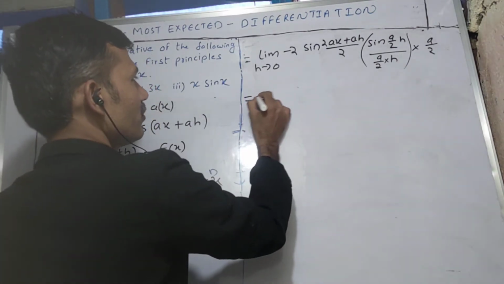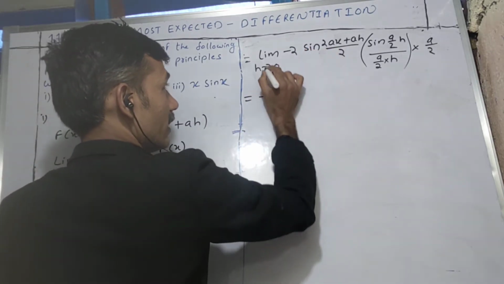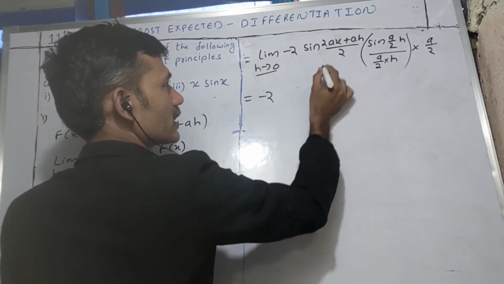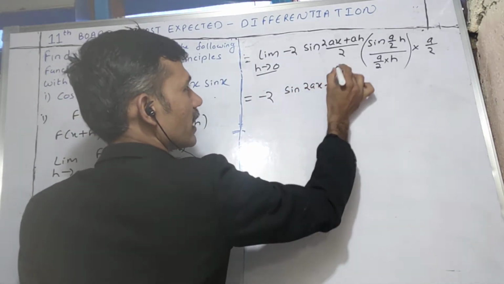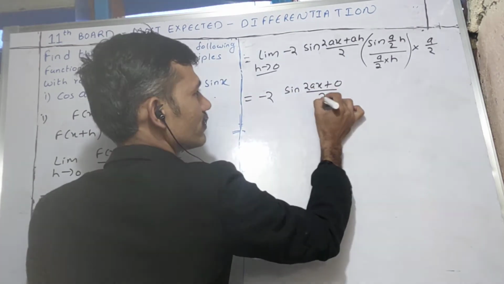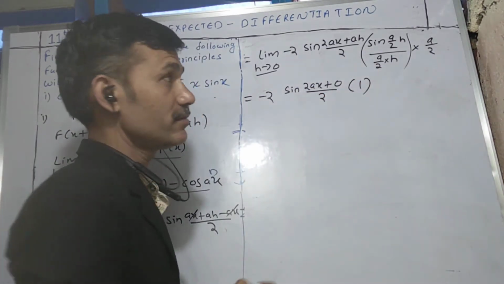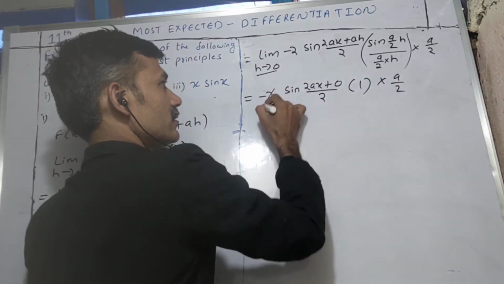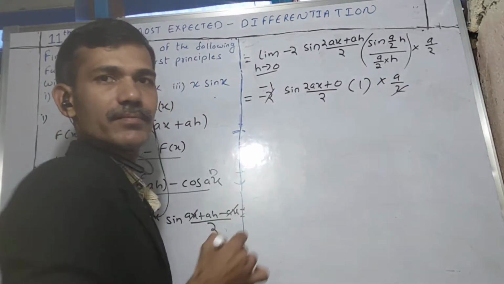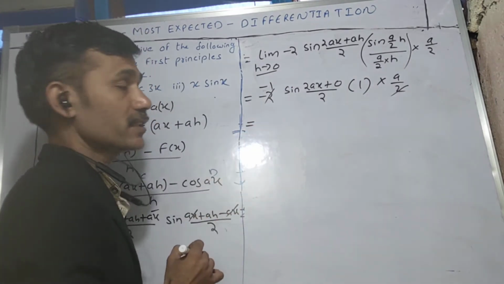Okay. Now we will apply the limit. In place of h you can write 0 in sin of (2ax plus ah) by 2. Here by limit formulas it is 1. There, what we are having, a by 2 is there. This 2 you can cancel. Now what we are going to get finally, you check.